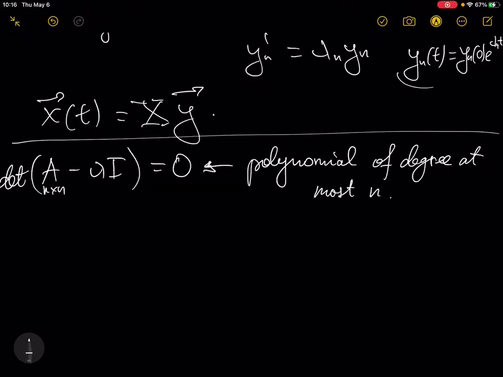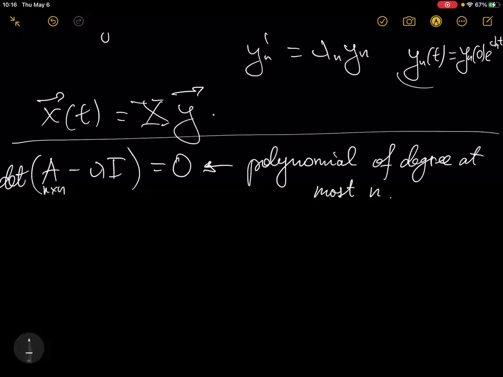When you multiply it out, you get some coefficient times lambda to the power n, plus a coefficient times lambda to the power n minus 1, and so on. A polynomial of degree n, according to the fundamental theorem of algebra, can have at most n roots. Really, the fundamental theorem of algebra tells you that if you take complex roots into account, then it's exactly n roots, counting multiplicities, which means repeating roots.